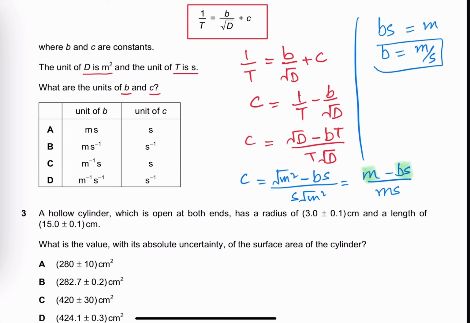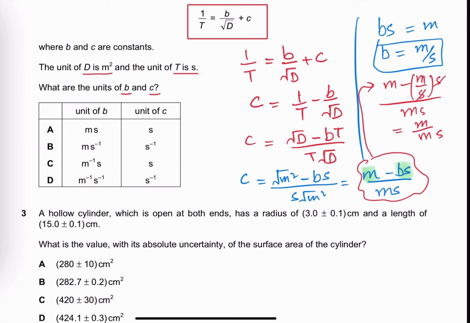We get this value, and putting this value in this equation will become m minus, for b it is m over s, multiplied by s, divided by ms. So s divided by s is m divided by ms. This m will be cancelled out, leaving 1 over s.